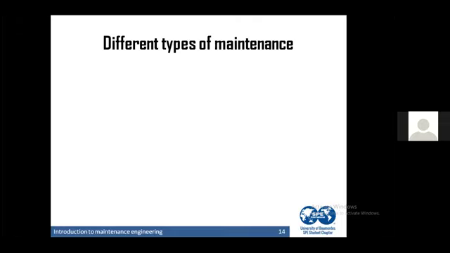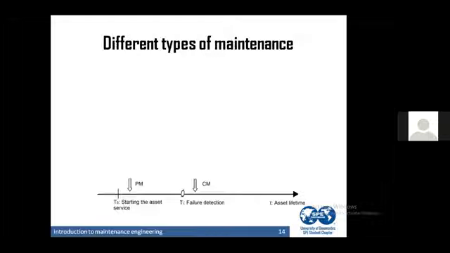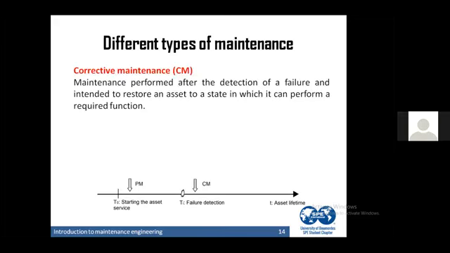Now, after we finished with tribology, and after understanding the life curve of equipment according to tribology science, let's go to understand what the different types of maintenance are. Mainly, we have two types of maintenance.